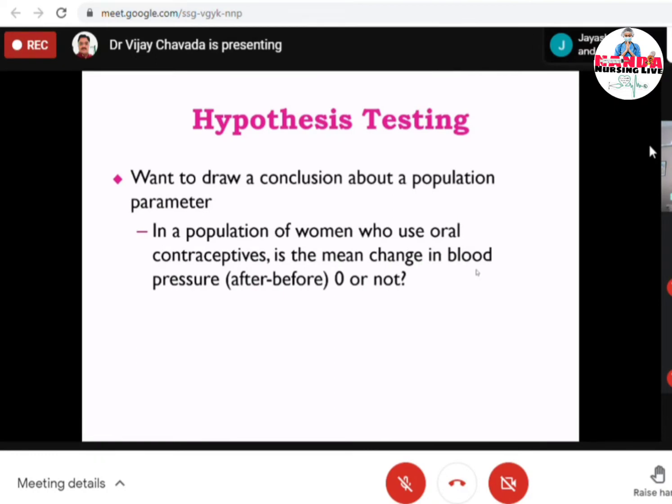So we want to draw a conclusion about a parameter. Say for example, in a population of women who use oral contraceptives, is the mean change in blood pressure 0 or not?